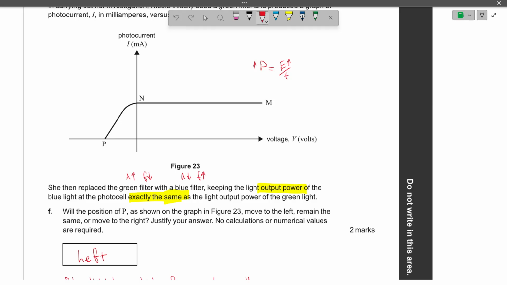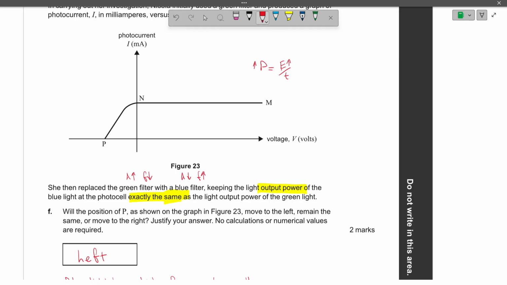Now, if I have increased the energy of my light, the only way to keep the power the same is if I'm releasing fewer photons per second. And if I'm releasing fewer photons, then there are fewer photons ejecting photoelectrons one to one.